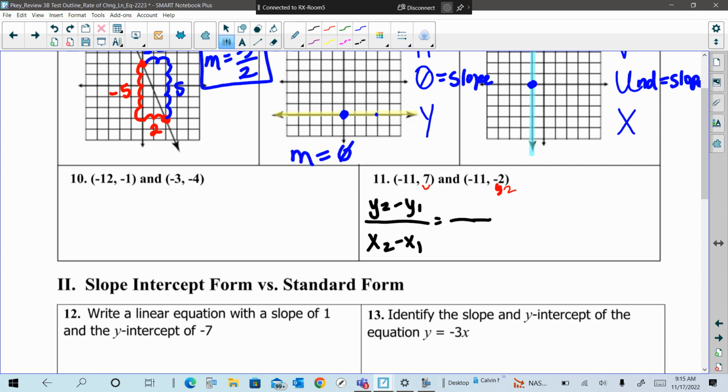If you get your y2s, that should be -2 minus 7 on top. Negative minus a -11. Don't mess up with your signs.